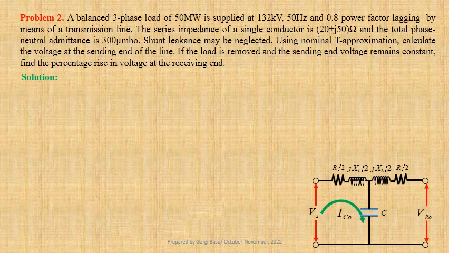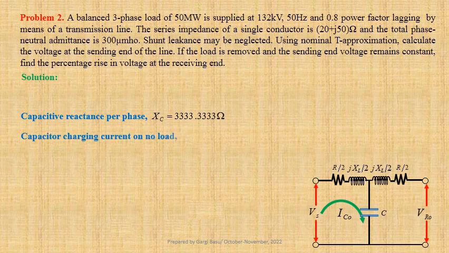We have obtained capacitive reactance per phase Xc equals to 3333.3333 ohm. No load capacitor charging current Ico equals to 26.752 ampere at an angle 94.9268 degree.